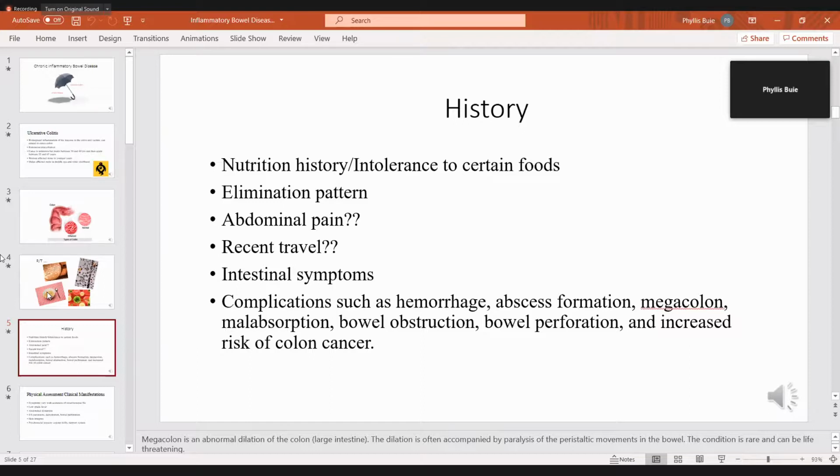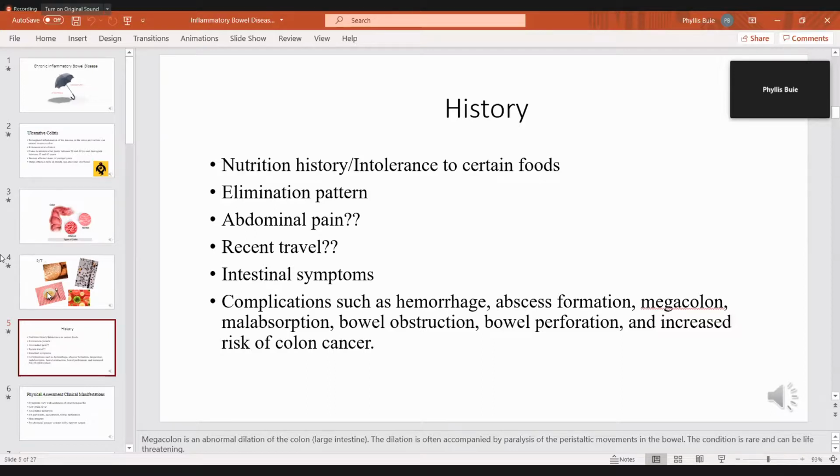Hemorrhaging, because you run a risk of perforation, abscess formation, pockets of infection can form in there and cause them to run low-grade fevers. And we look at all the other things, we can't find anything. And then whenever we do a CT scan there, we find a pocket of infection that has kind of walled itself off.